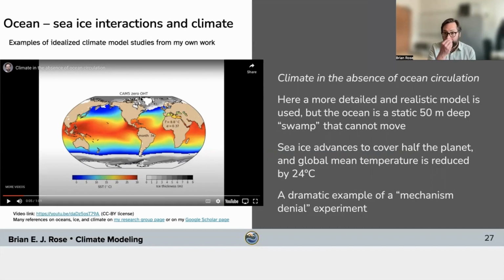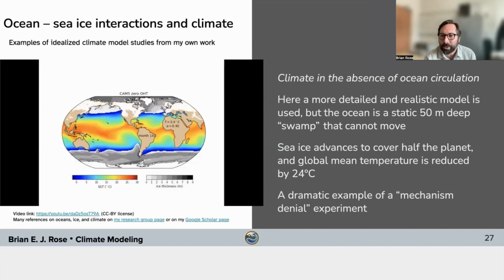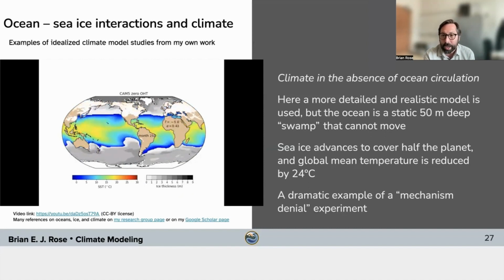I'm going to simulate a planet much like Earth, but in which the ocean is sort of static. It can't move. So it's just exchanging energy and water with the atmosphere, but it's otherwise not moving. And so this simulation shows what happens over the course of 50 or 60 years when we swap out the real ocean for this 50-meter swamp. And what's happening here is that there is a seasonal cycle continuing to oscillate, but the planet is cooling down radically.